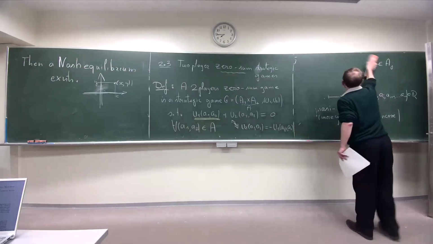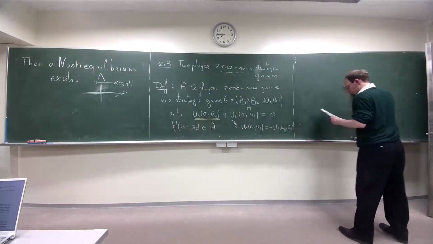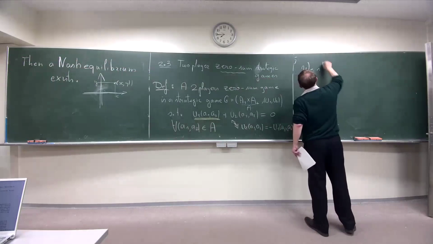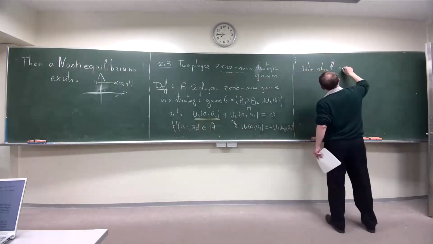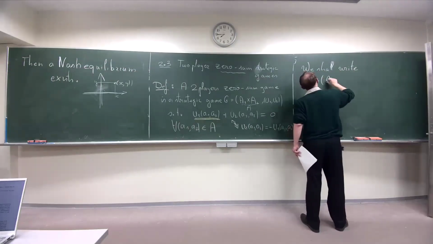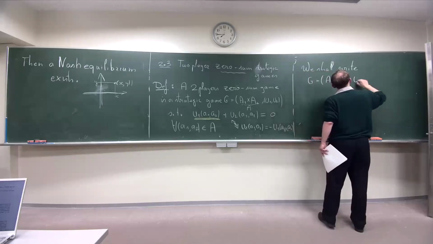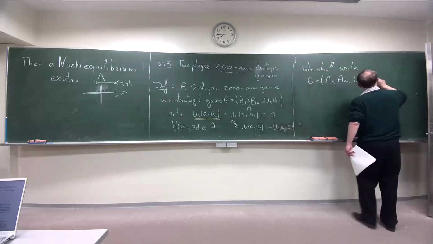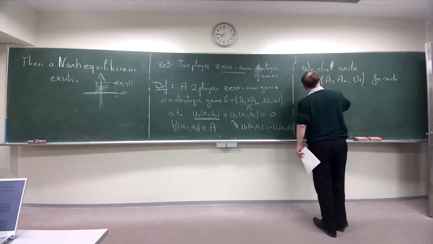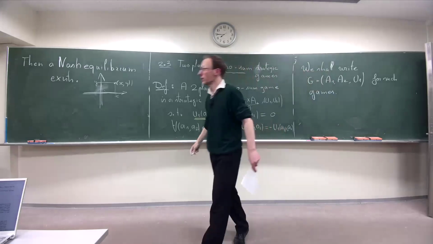So we shall write G is A1, A2, U1 for such a game, because I don't need U2.